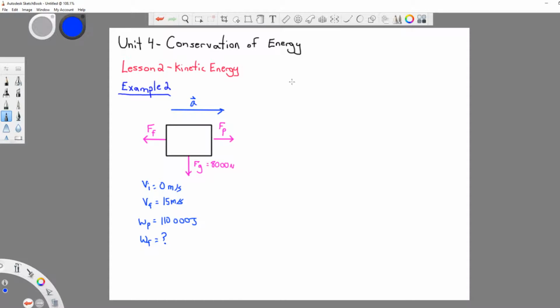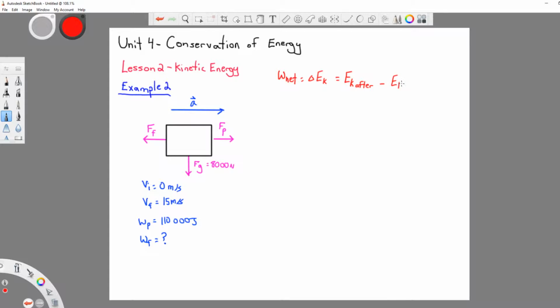So let's write that one out, but I'm not going to start with it right away. We have the net work, net, is equal to the change in kinetic energy. So really, change in kinetic energy will be equal to kinetic energy final, or after the situation is all done, minus what it was at the beginning.